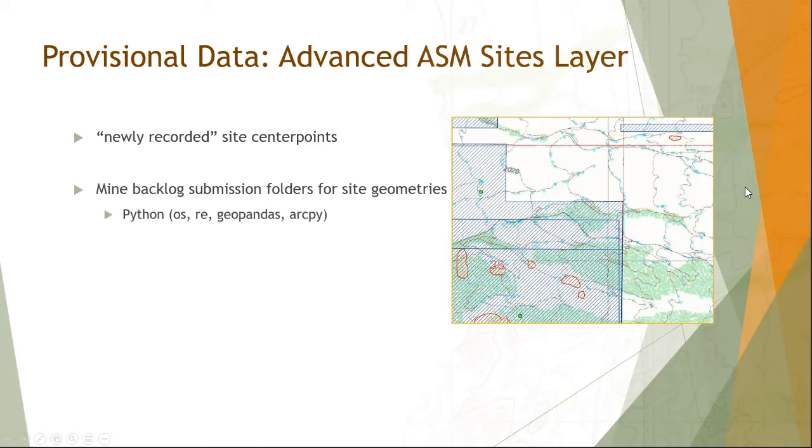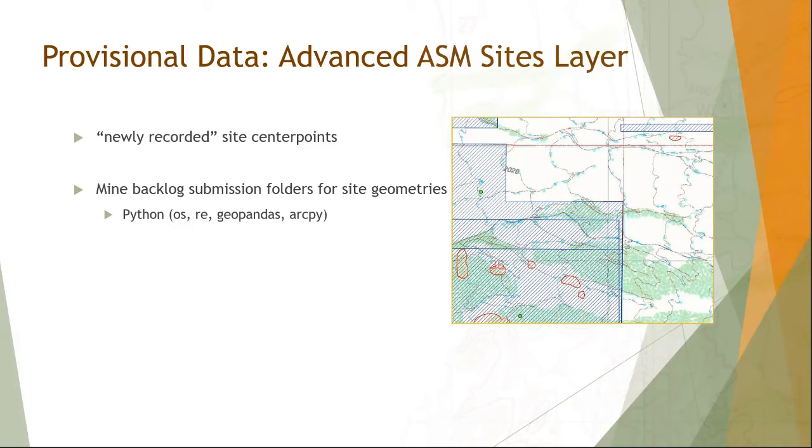So we used Python to conduct a data mining operation, looking in our submission folders, using regular expressions to identify likely site shapefiles, and then within those site shapefiles, likely site number fields, and then using GeoPandas to grab those individual features, be they typically polygons, sometimes lines, and sometimes points as well.